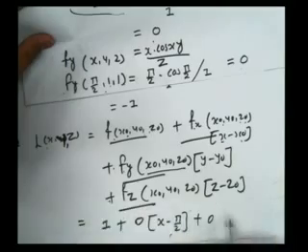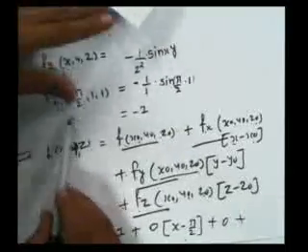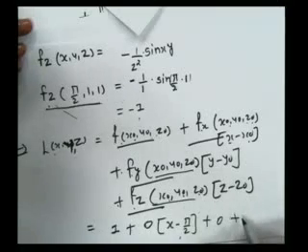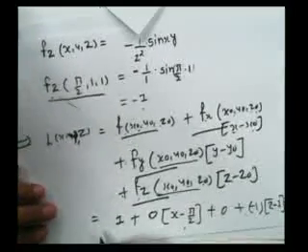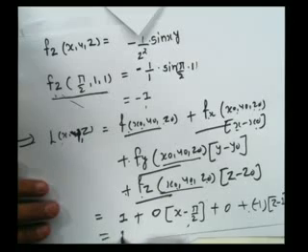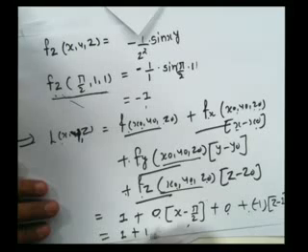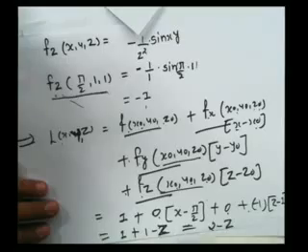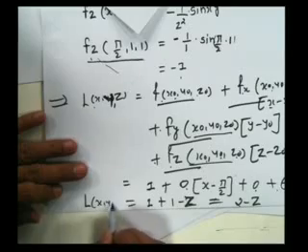Then fz at this point is −1, so this term is −1 · (z − z0), where z0 is 1, so −1 · (z − 1). After simplification we have 1 + 0 + 0 + (1 − z), so this is 1 + 1 − z, and finally it is 2 − z. That is nothing but the linearization L(x, y, z).